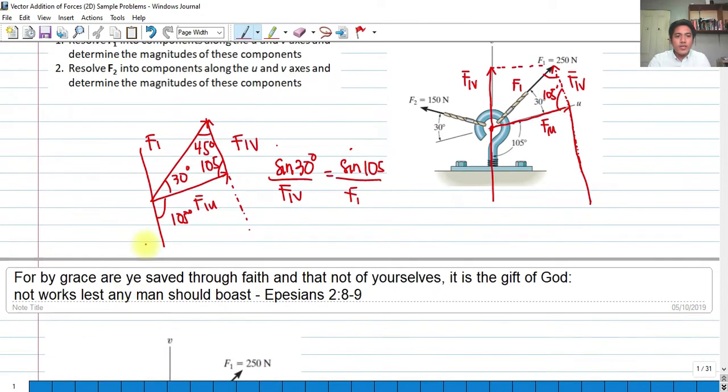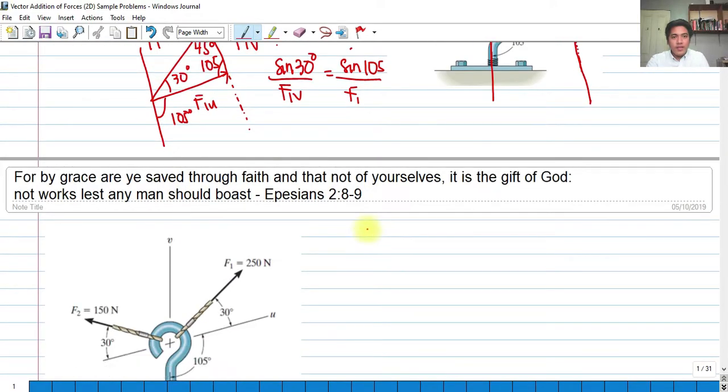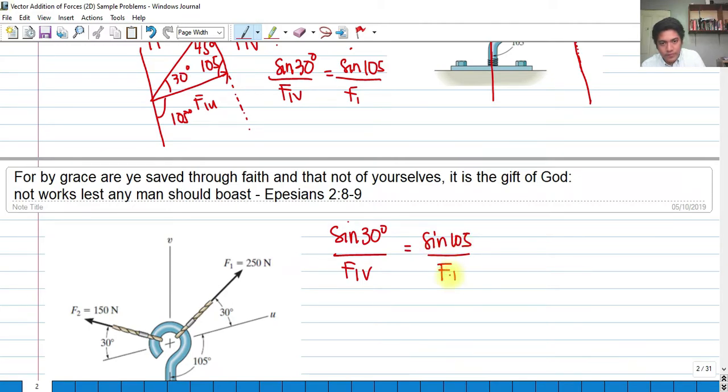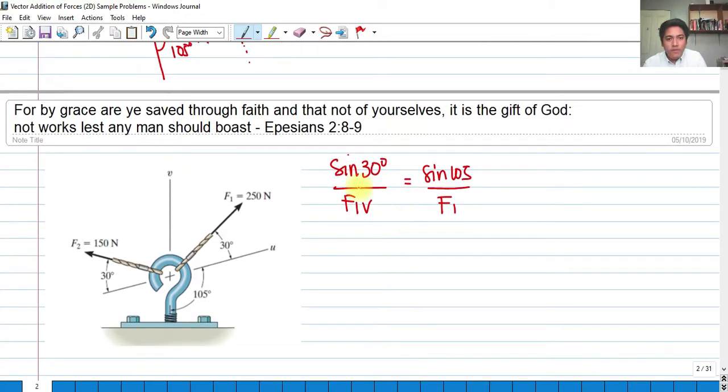So let me just rewrite this. We have sine of 30 degrees over F1v is equal to sine 105 over F1. So we are after the F1v. If we are after the F1v, we can reciprocate this such that we have this formula.